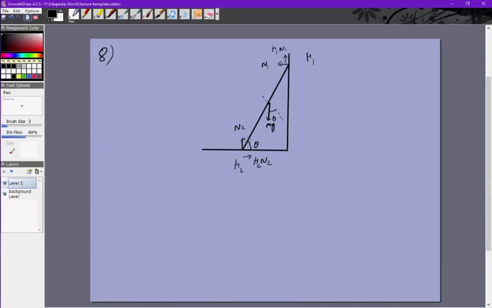So you can have two equations for force being 0 in the x and y directions.